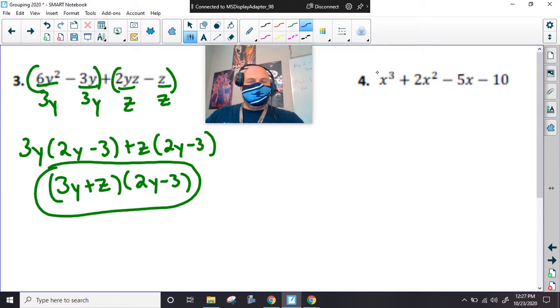All right. Number 4. I want y'all to pay attention to number 4. Not only am I going to grab these things right here, but yesterday we had something where the leading coefficient is negative. We actually have to grab that minus right there in front of that 5x.